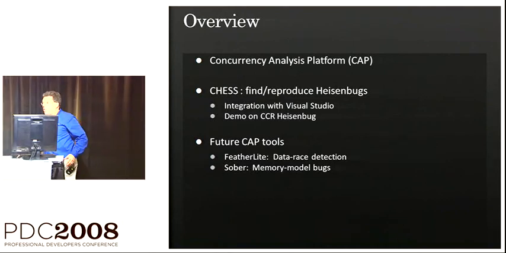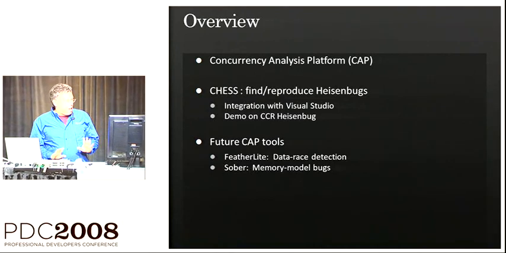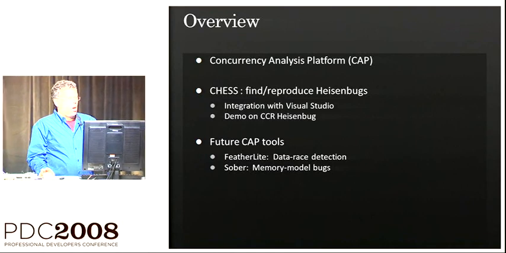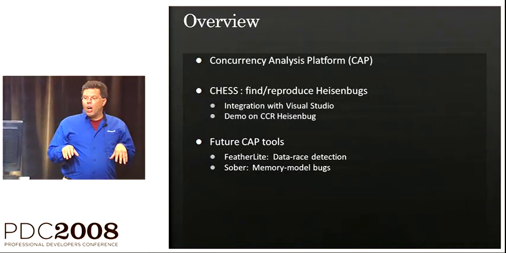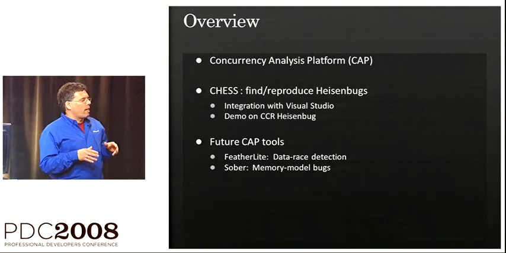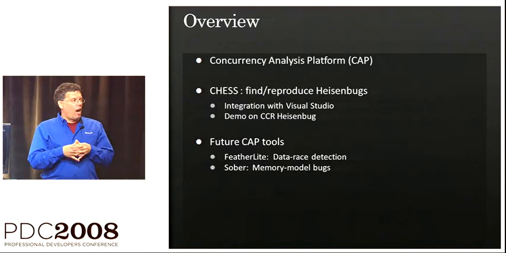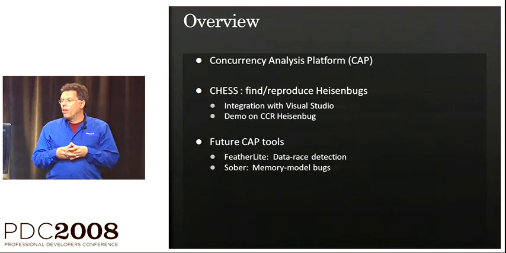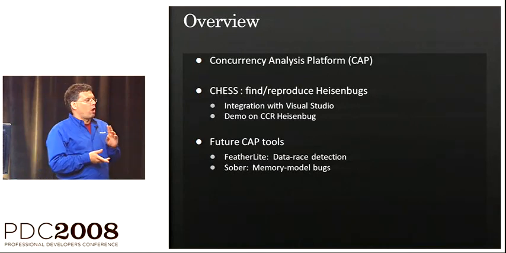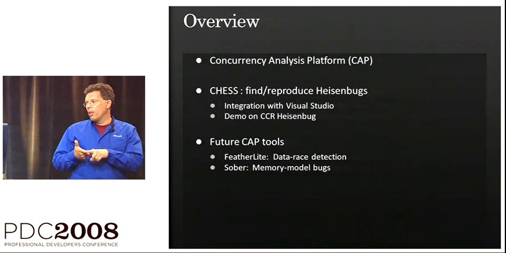OK, thanks very much, Madan. Hi, I'm Tom Ball. In the rest of the talk, we'll do a deeper dive into Chess, which is systematic testing and repro for Heisenbugs, and show you how we've recently integrated that with Visual Studio. We'll first start with a simple example in managed code, the bank account.